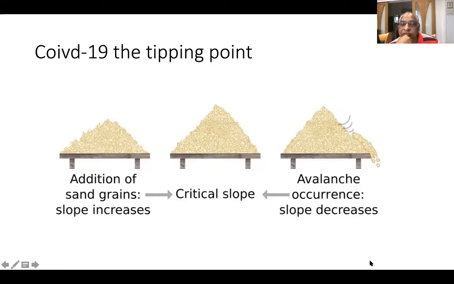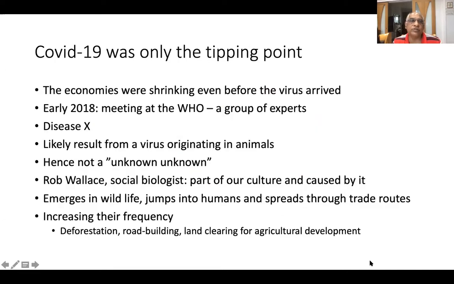And therefore, this COVID is only a tipping point. The economy was basically an unstable thing. Economists will argue that this is something unknown, but actually it was not. COVID was not an unknown.